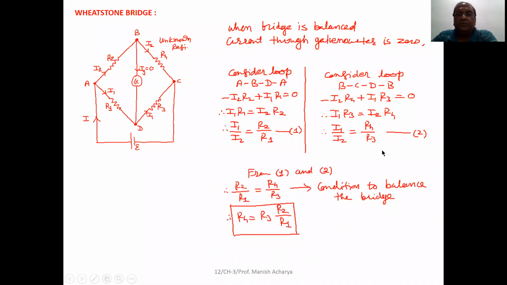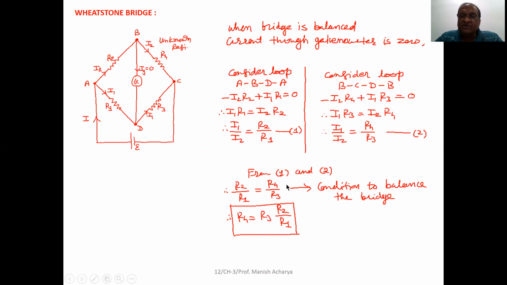Now compare equation number 1 and 2. So we can write R2 by R1 is equal to R4 by R3. So here we can say when this happens, the bridge is balanced, because when we considered there is no current through the galvanometer, we derived this identity.